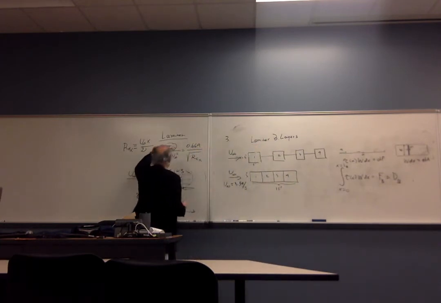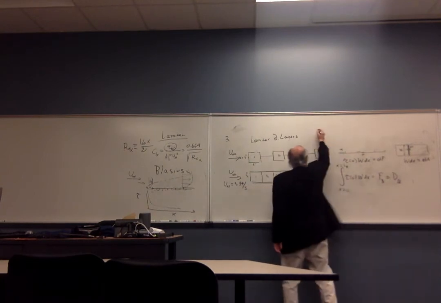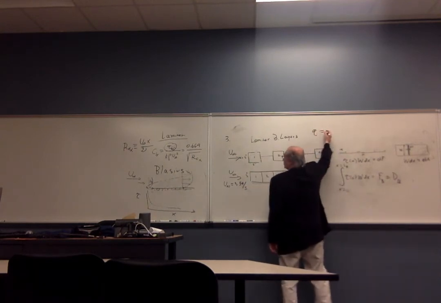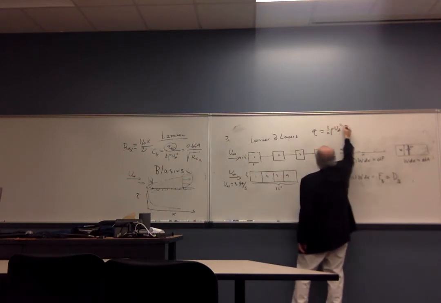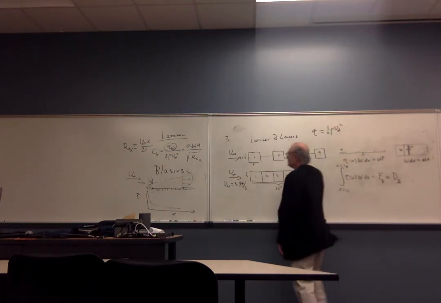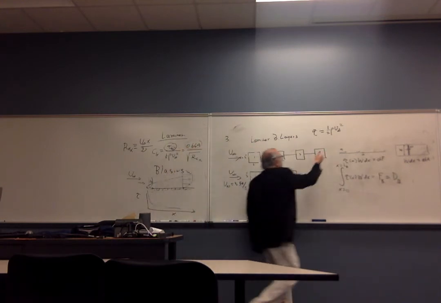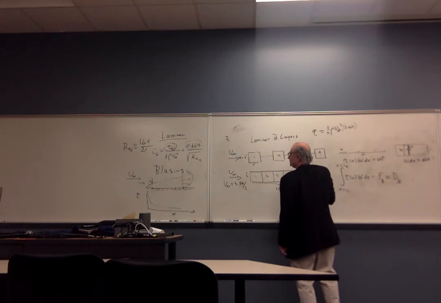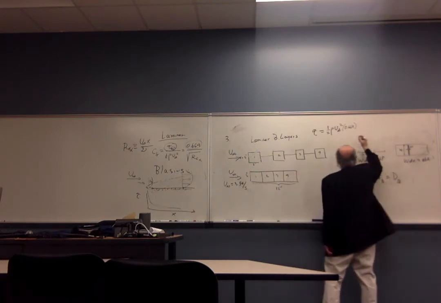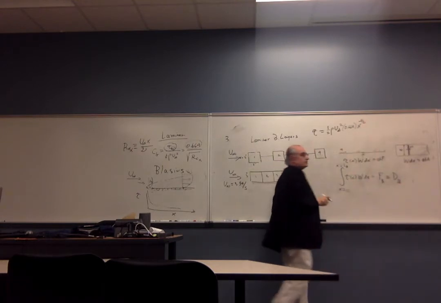Because now we know what this thing is. Let's write it down. Tau is equal to 1/2 the density times u infinity squared times a, well, what is this number here? I don't know what to call it. We'll write it down. 0.664 times x to the minus 1/2, right?